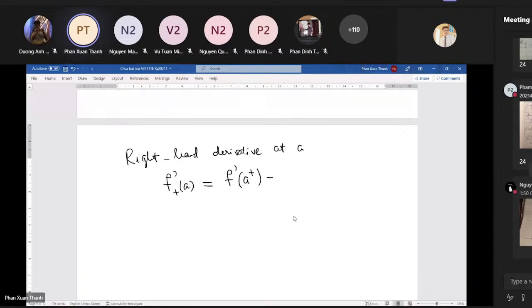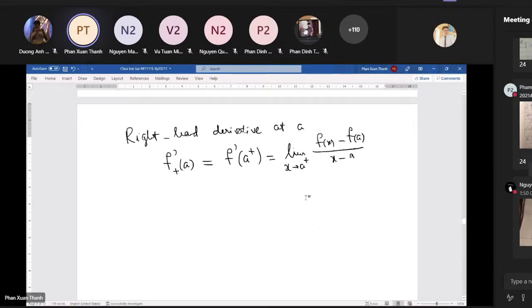By definition it equals the limit as h approaches a from the right of f at h minus f at a divided by h minus a. You have to be careful here.